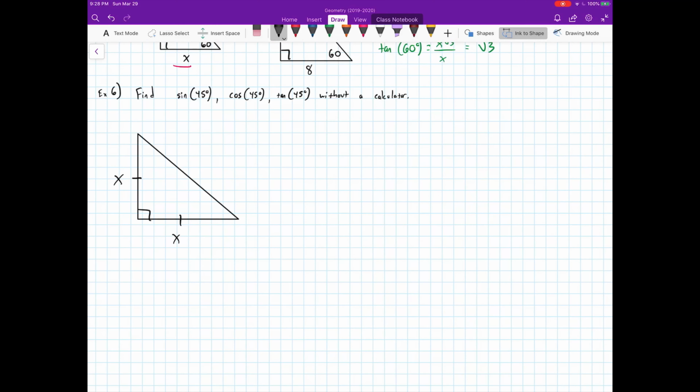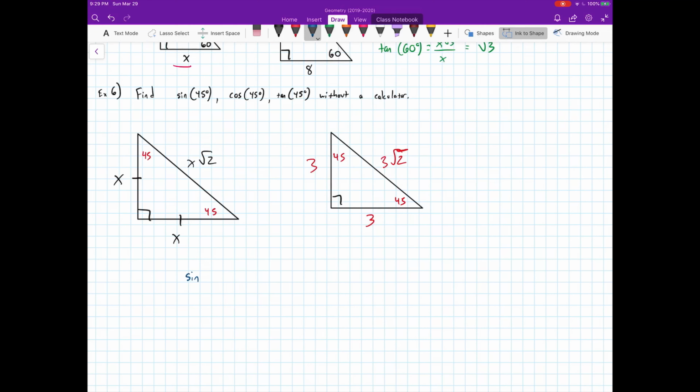Again, you can use the pattern, x, x, and x root 2, or you can fill it in with numbers if you want, 2, 2, 2 root 2, although maybe not 2, because you don't want to confuse yourself, maybe 3, 3, 3 root 2, something like this. All right, so these are the 45 degree angles, and again, it doesn't matter which one you use.